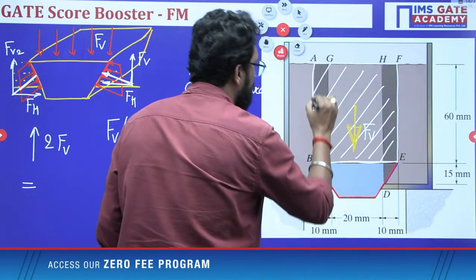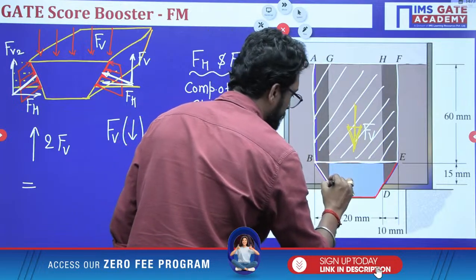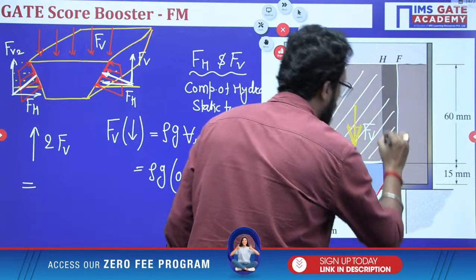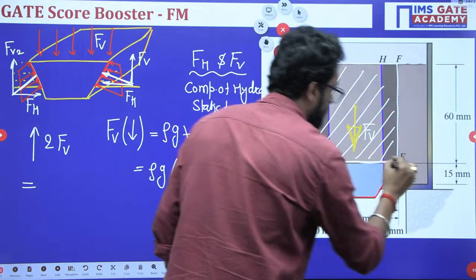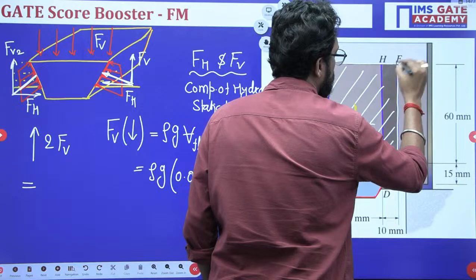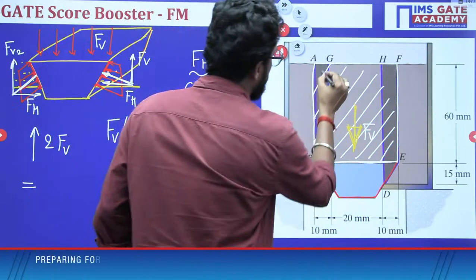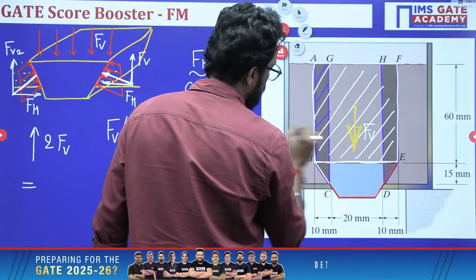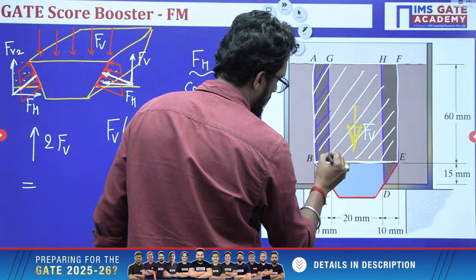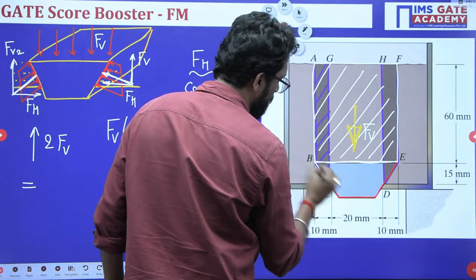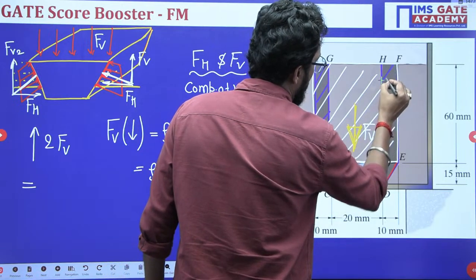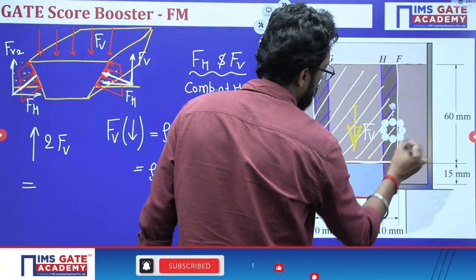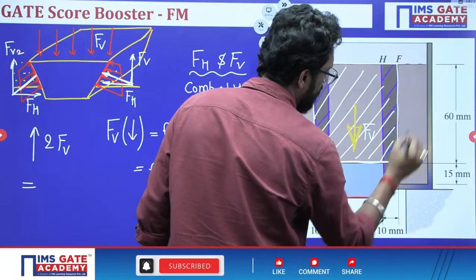Take this surface up to the free surface, and this point up to the free surface. So what is the weight content within this fluid? That is the vertical force, and this vertical force is upward.